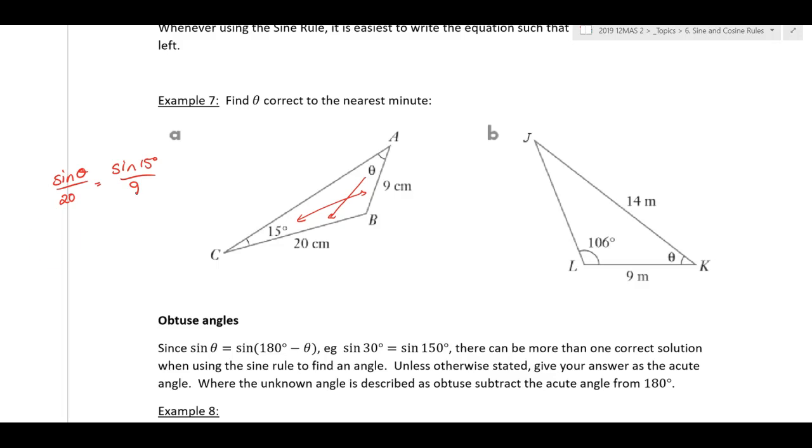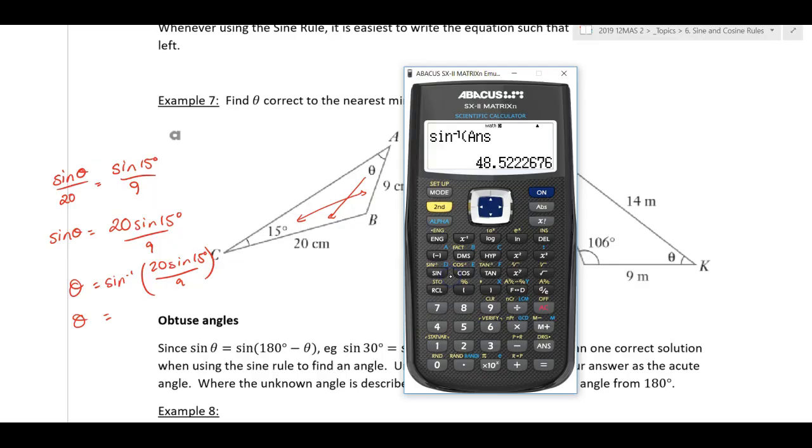So, a little bit of rearranging here, and I get sine theta is 20 sine 15 over 9. Theta is the inverse sine of that: 20 sine 15 over 9. Write a calculator, do your work.